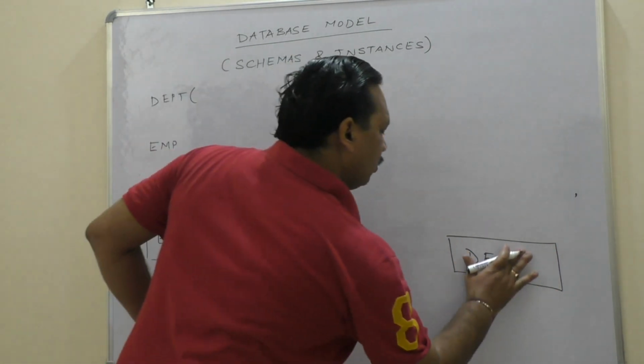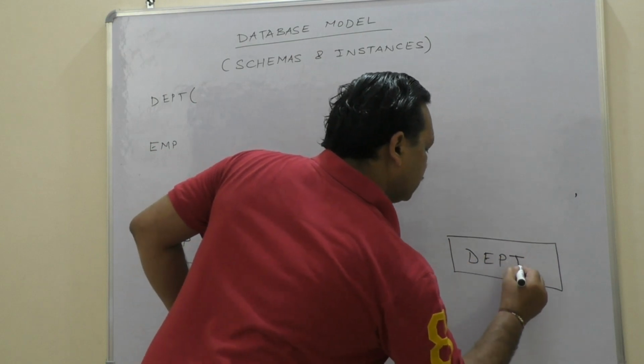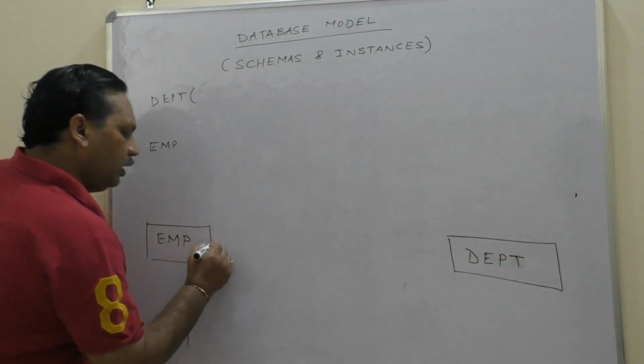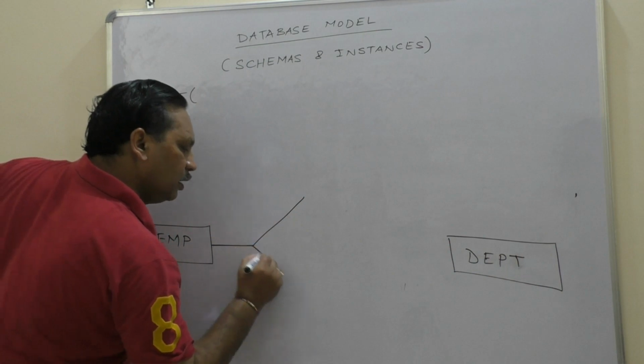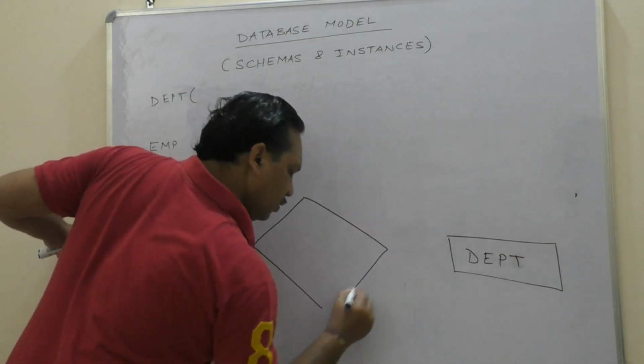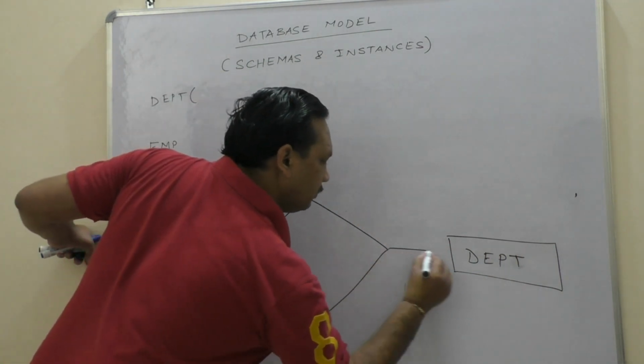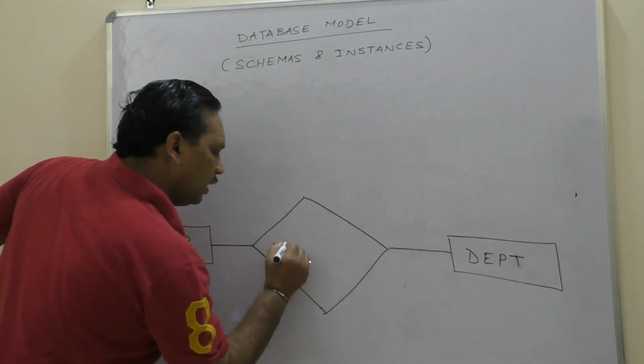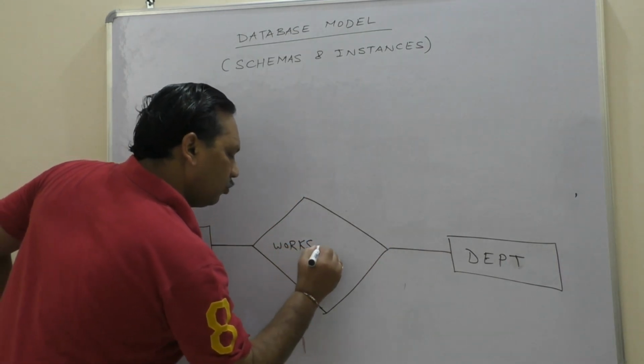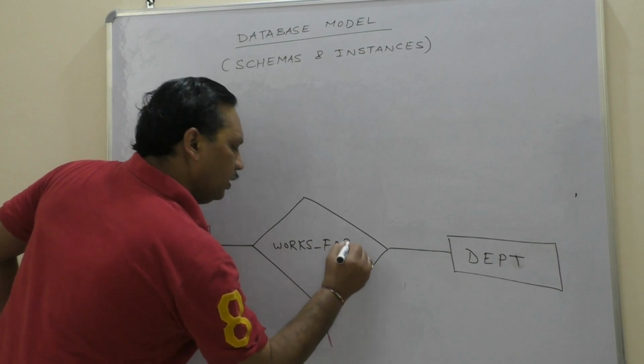There is one file called employee and one file called department. What is the relationship between them? Employee works for department. That is what I'm writing here.